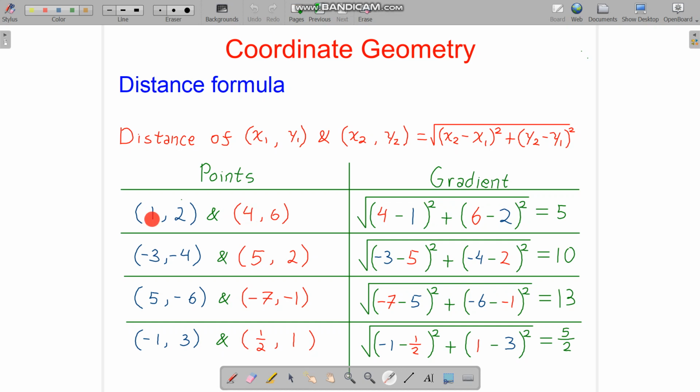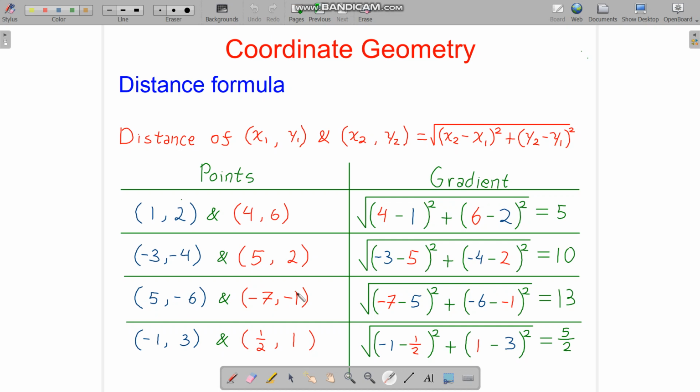So we can do 4 minus 1 and then 6 minus 2, or we can also do it from left to right, so minus 3 minus 5 and then minus 4 minus 2, or we can just mix it up, minus 7 minus 5 and then minus 6 minus minus 1.